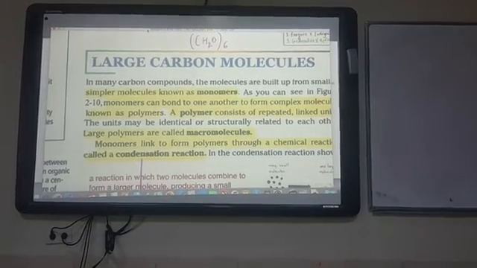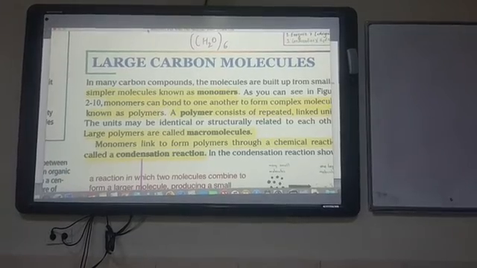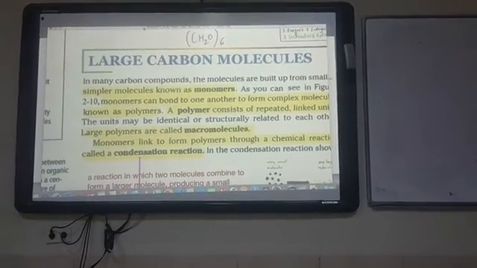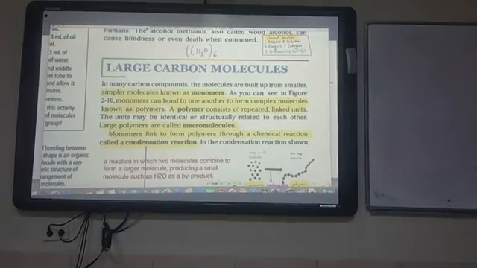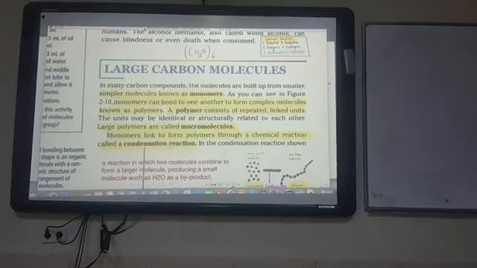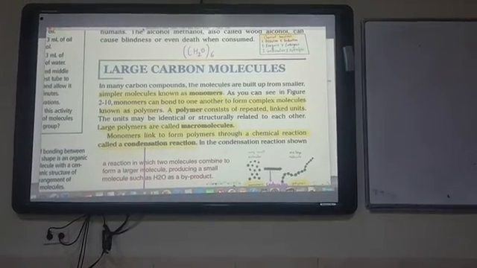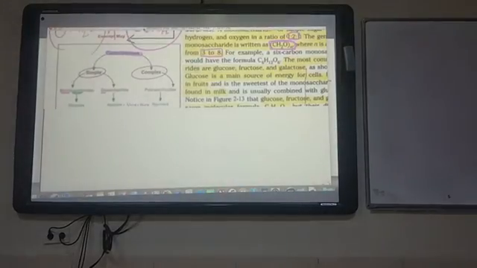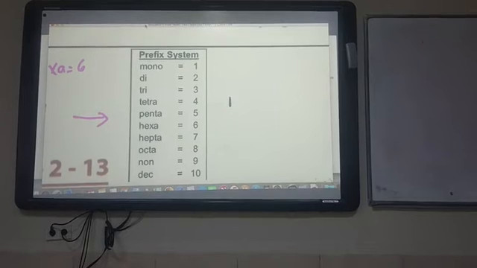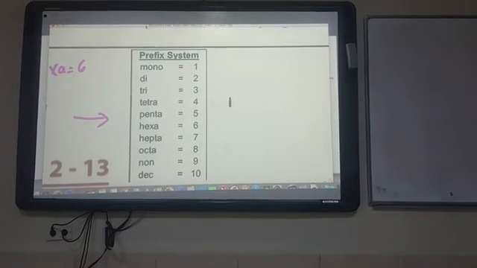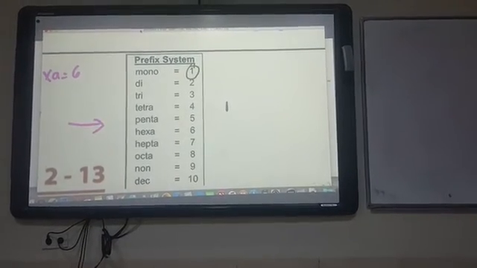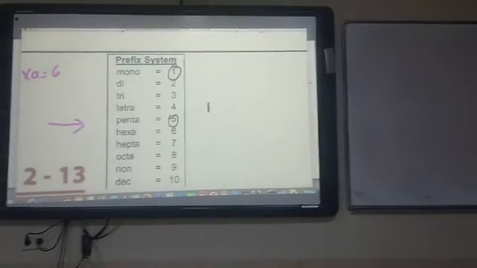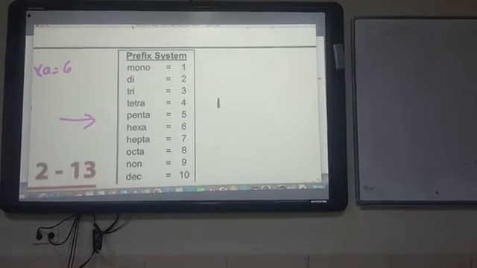This is biology, not a chemistry lesson. Number prefixes: mono, di, tri, tetra, penta, from 1 to 5, I think it's enough for biology.